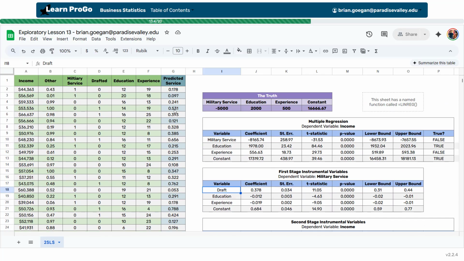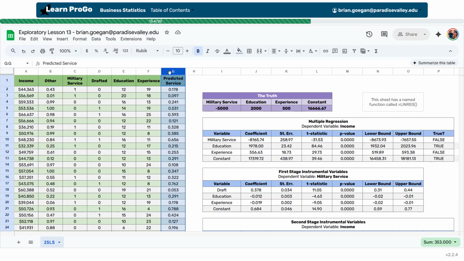And so now this is going to become our dependent variable. We've removed everything that affects military service that is not the draft, education, or experience. The things that we can account for. The draft we believe to be random.